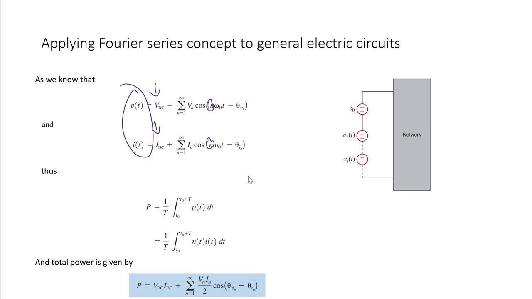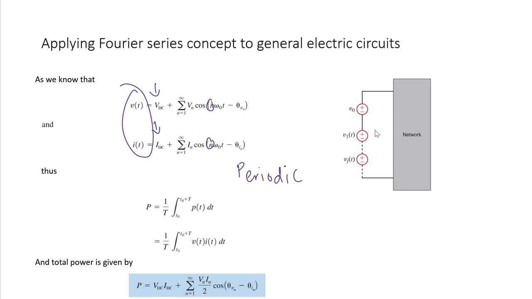So now, what are these signals? These signals are periodic signals. So we can calculate the power for a period and then say that this power will repeat its value for every period.